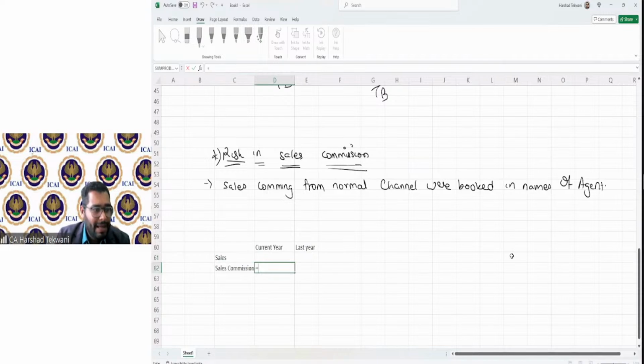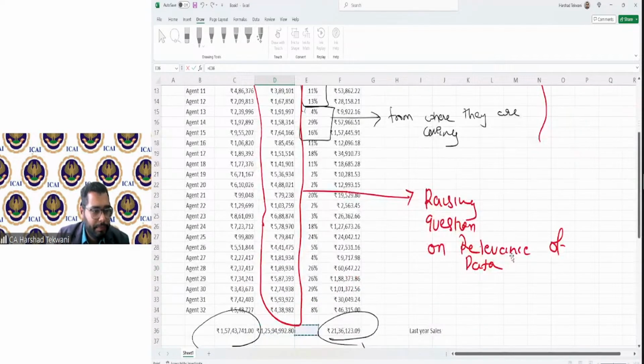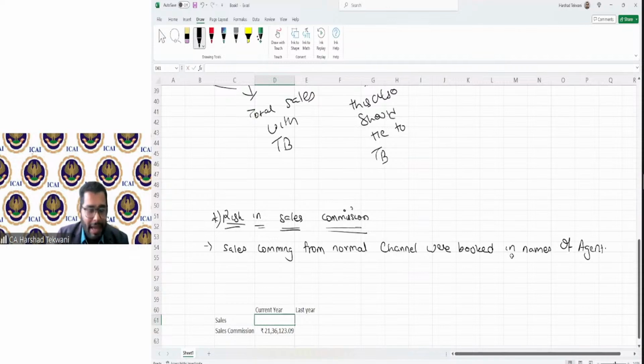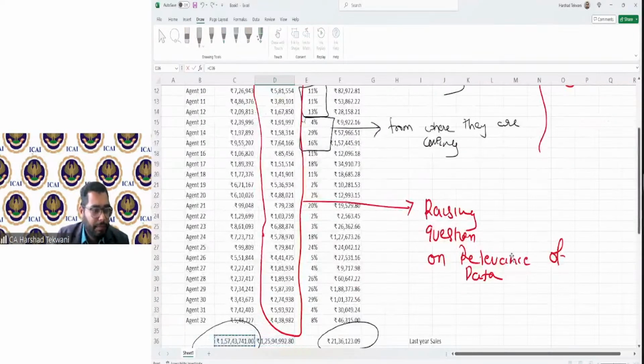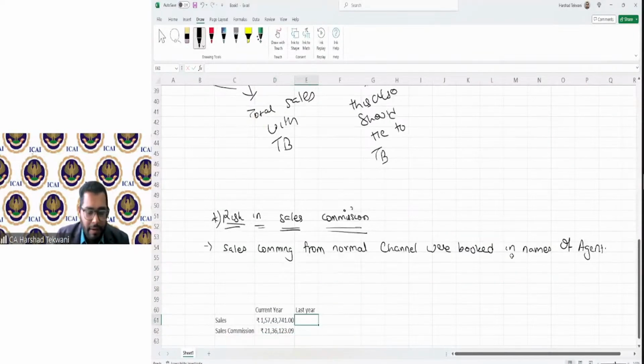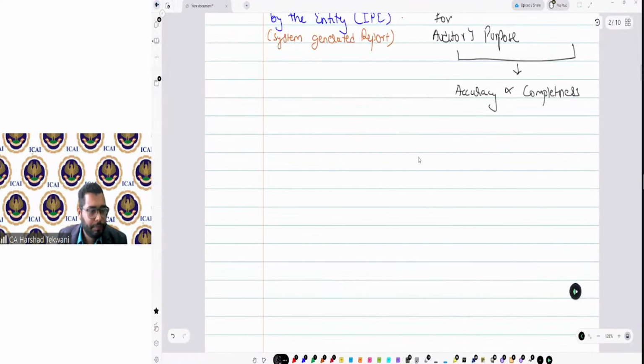In the current year, my sales commission is this much, and the sales is this much. Last year, let's say the sale was this much amount, and the sales commission was this much amount.